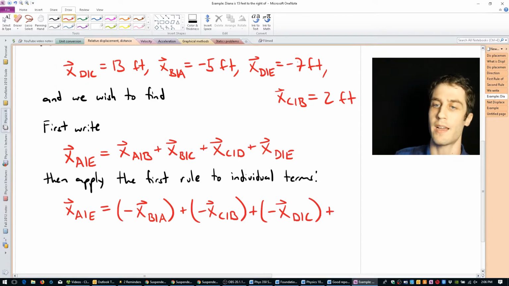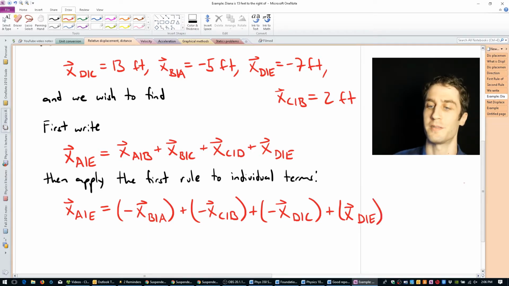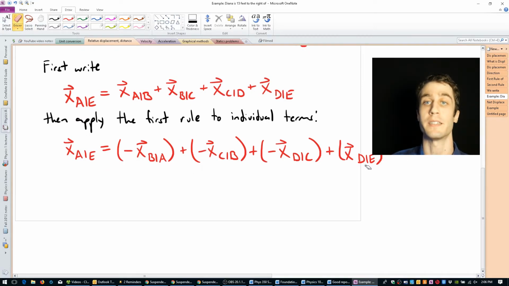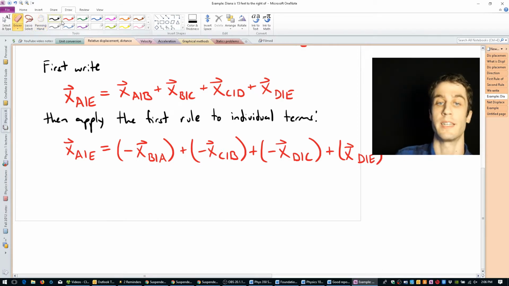And we do actually have xd relative to E, so that's nice. So that stays positive. And now on the right-hand side, every one of these quantities is known. Every one of those is given to us in the problem statement.